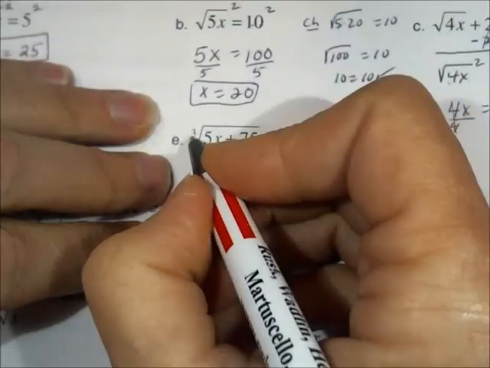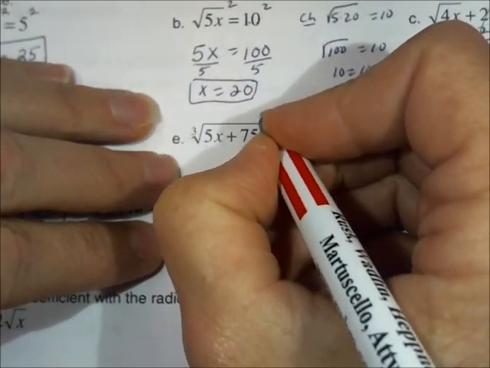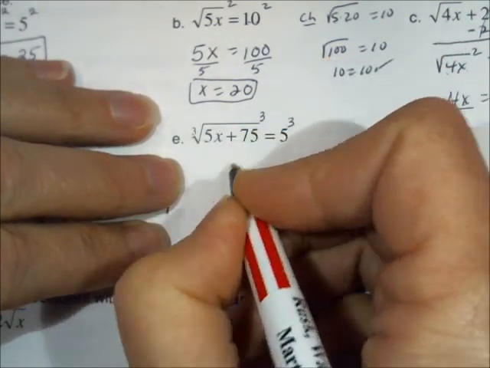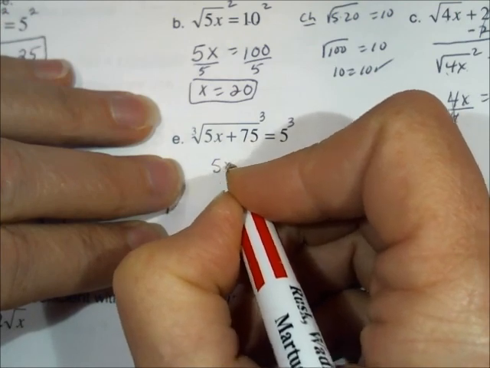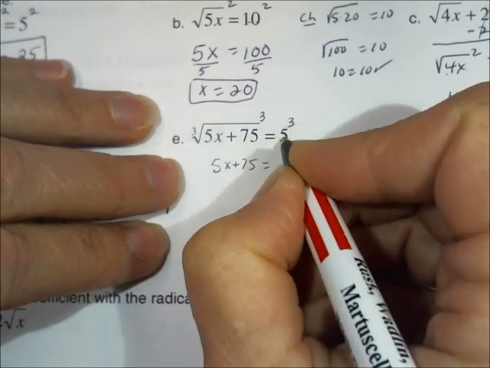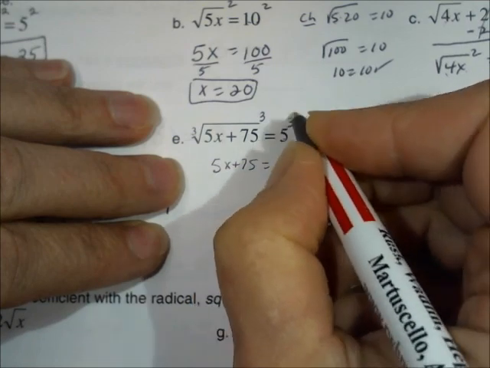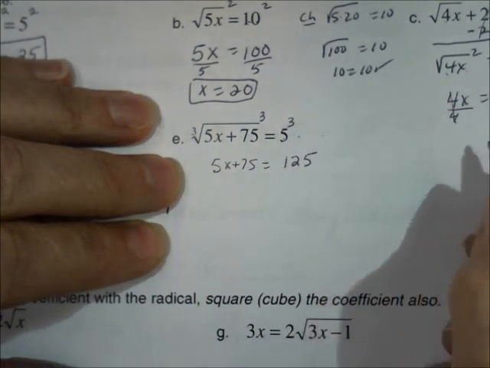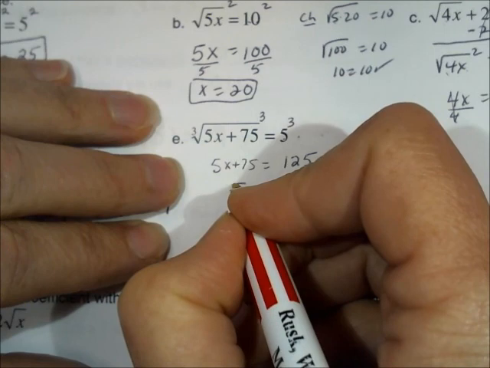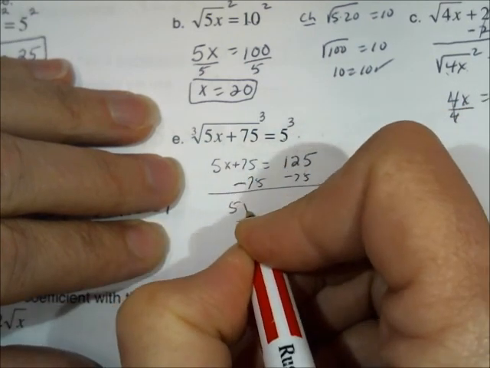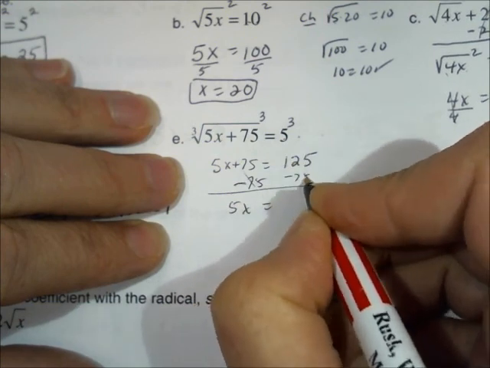On letter E, this is a cubed root, so you're going to have to cube both sides. So the cubed root, cubed, just leaves us with 5x plus 75, and 5 times 5 times 5 is 125. Don't be fooled, this is not 15. Subtracting 75 from each side leaves us with 5x equaling 125.